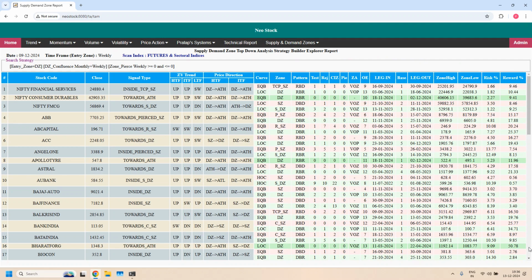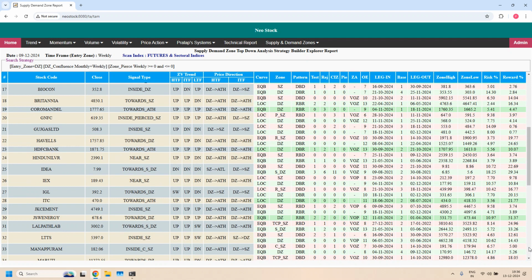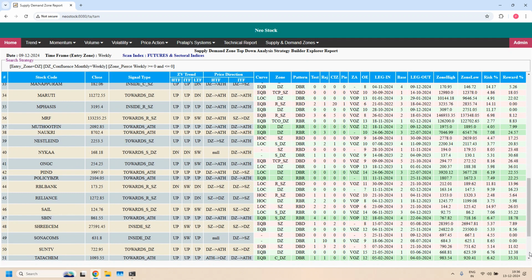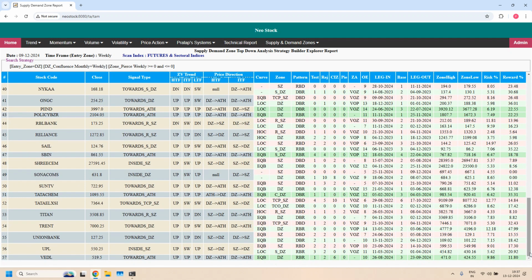We got a big list. First 17 stocks. Scrolling the list further. So total 57 stocks are filtered.